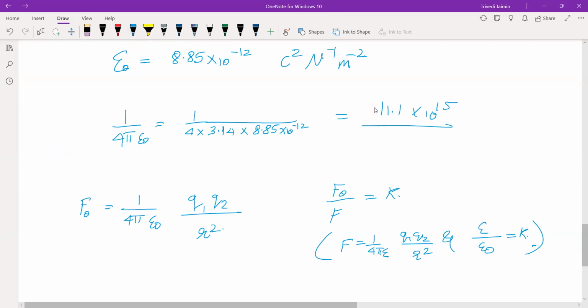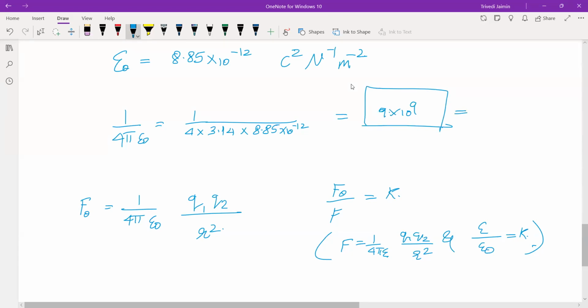It will not be 15, it will be somewhere around 9 or 10. 8.99 into 10 to the power 9, yes. So you can say approximately 9 into 10 to the power 9. That's the value actually.